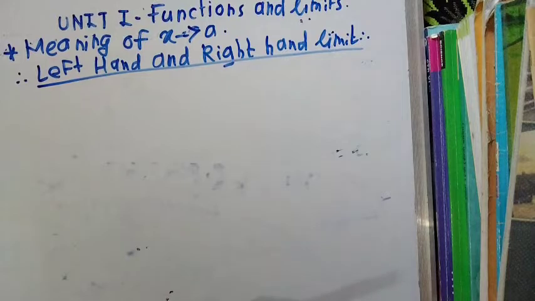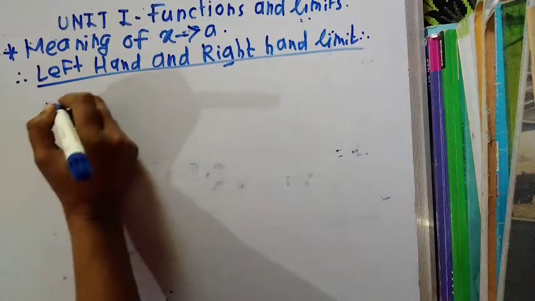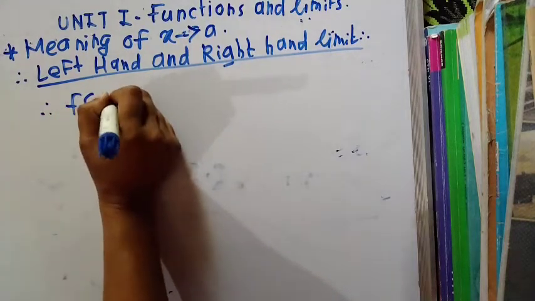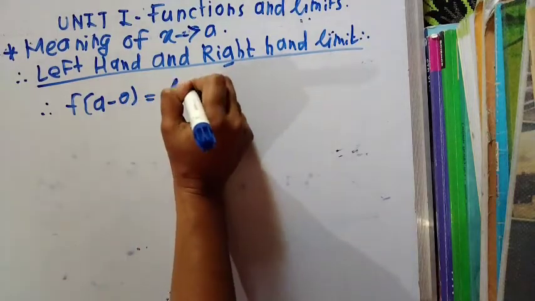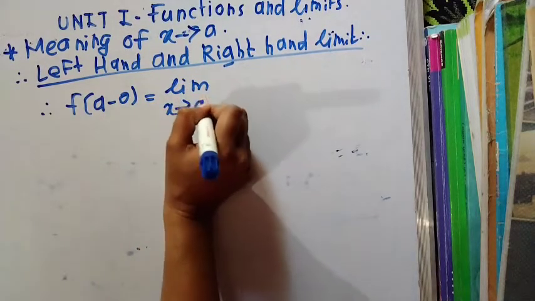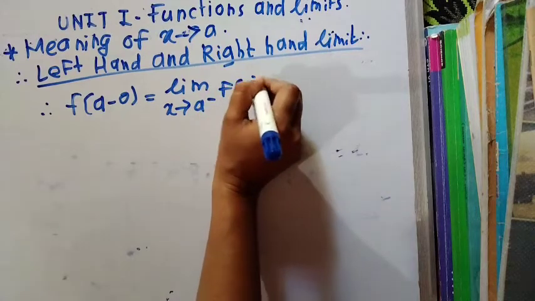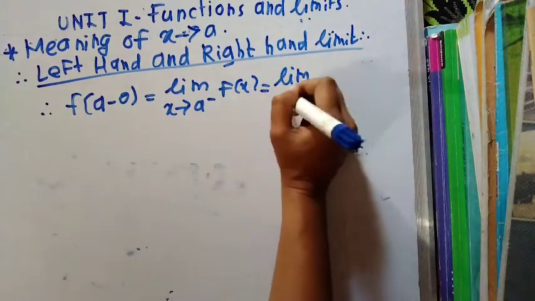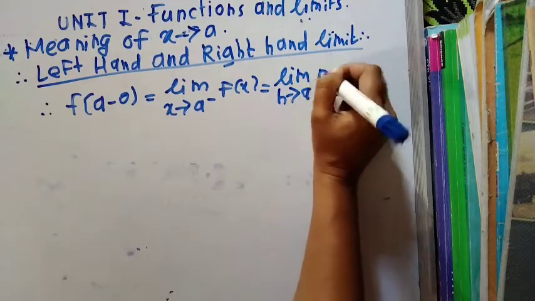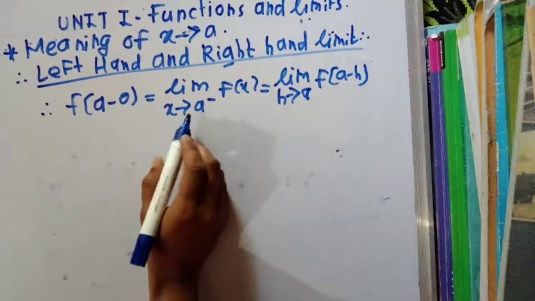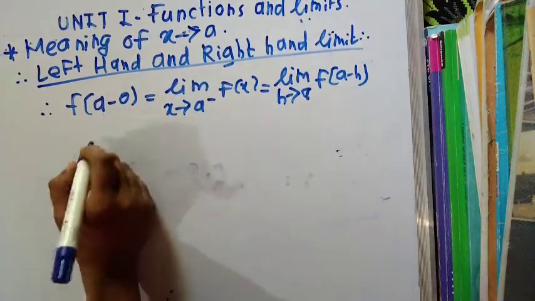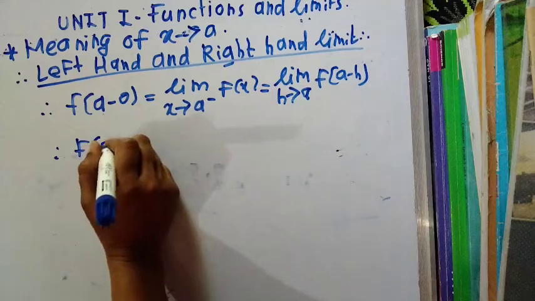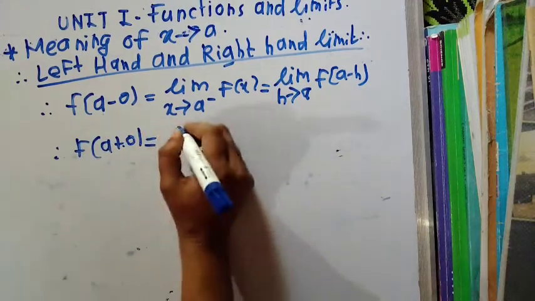We can write the left hand limit as f of a minus 0, which is equal to limit x tends to a minus of f of x, which is equal to limit h tends to 0 of f of a minus h. Minus means left hand limit and plus means right hand limit.